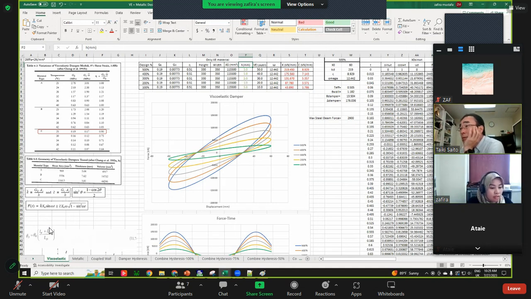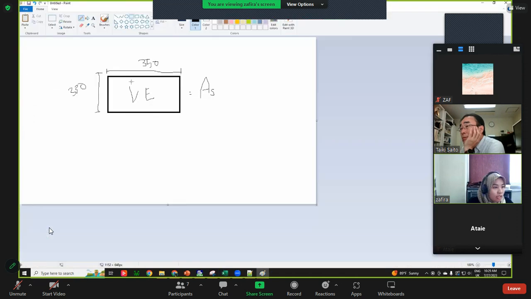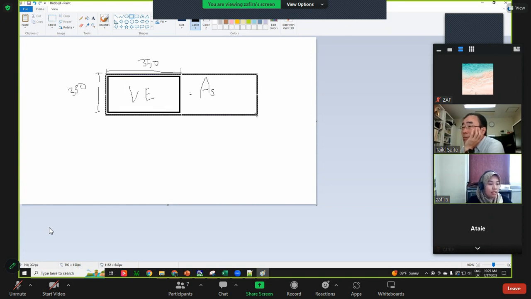So we just fix 5 mm thickness. And the area here is the viscoelastic, and then we layer it with the steel plate, layer by layer. So one viscoelastic and one metallic is equal to 10 mm. If you want to increase the capacity, we can either change this one or the layers.